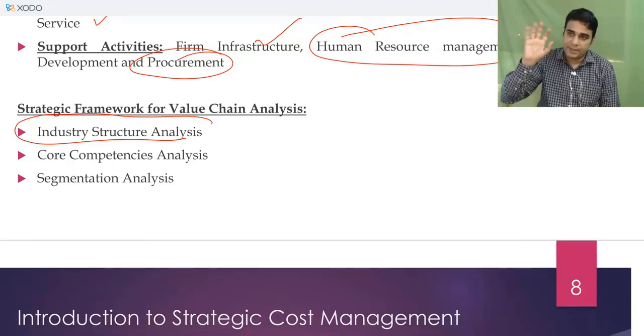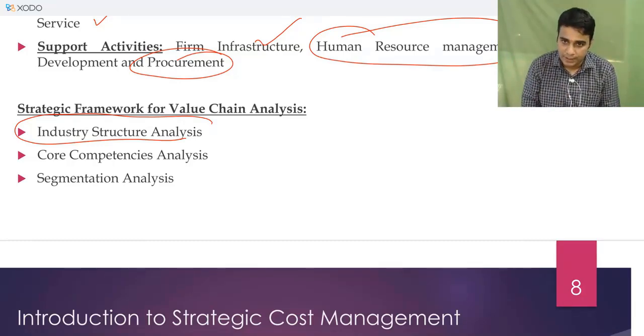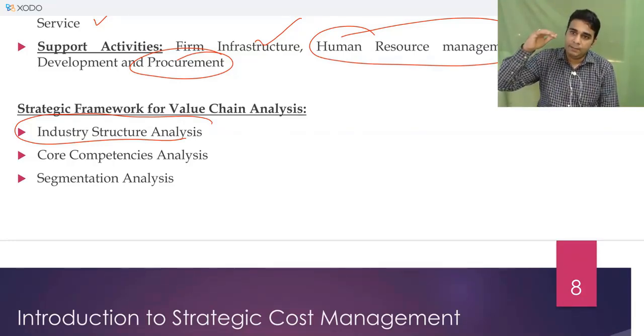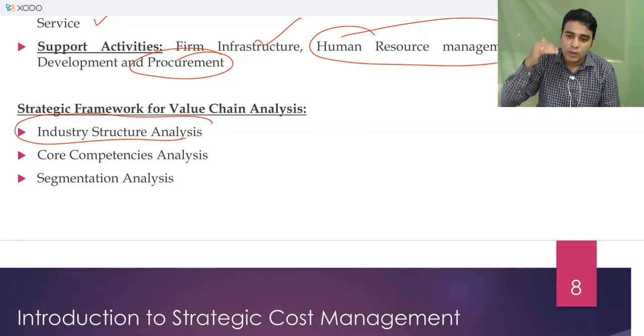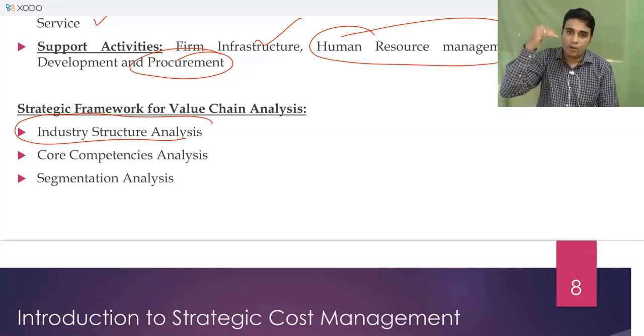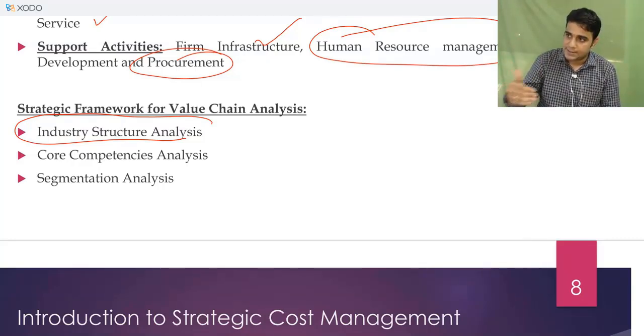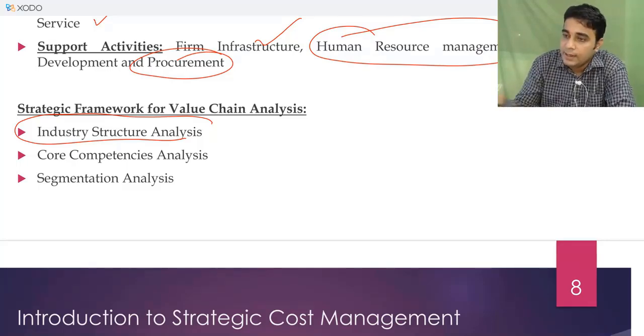Maruti is not present in the entire automobile industry. They are present only in the four-wheeler segment, or they may say that maybe I want to now enter the two-wheeler segment, or the three-wheeler segment. Even in the four-wheeler segment, there are luxury cars, mid cars, and basic cars. So there are multiple segmentations of the industry.